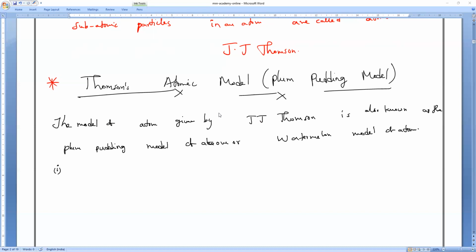First point. An atom is considered as a positively charged sphere. There are 3 points. Learn 3 points, very, very important.